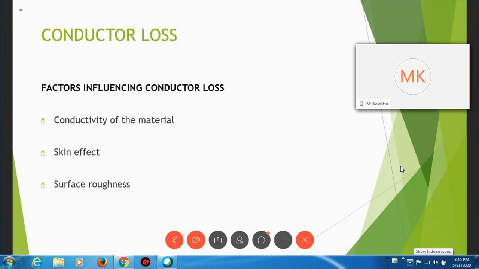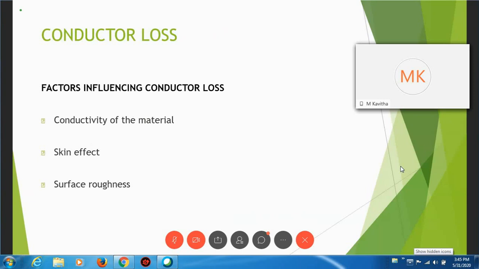This conductor loss occurs in the microstrip due to many reasons. Three important factors influence the conductor loss: the conductivity of the material, the skin effect, and surface roughness. Let me explain them one by one. First, the conductivity of the material.